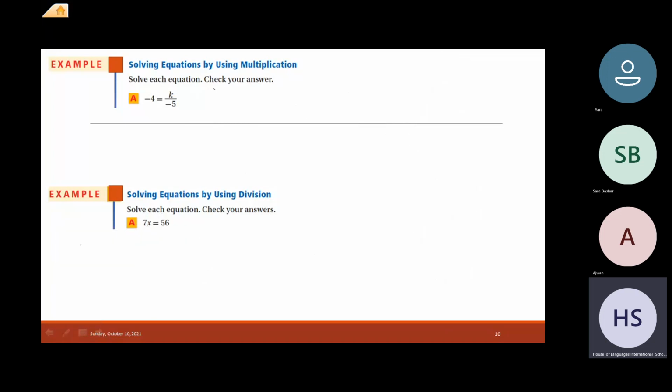We have 7 times x. I divide this part by 7 and this part by 7. Then 7 over 7 is cancelled. We have x, and 56 over 7 is 8. It's already cancelled because you multiply by the opposite operation and the same number, so it will be simple. It will be cancelled.